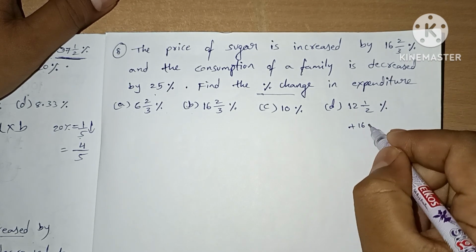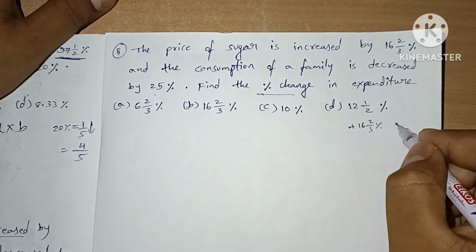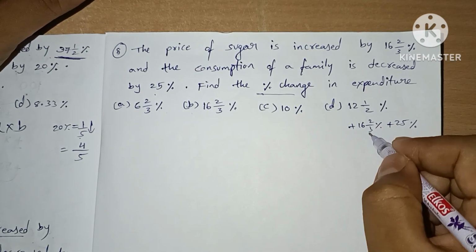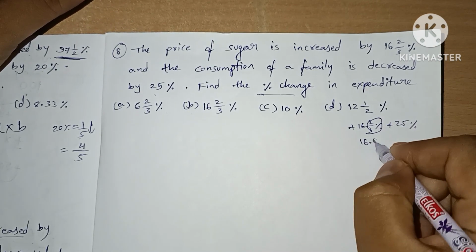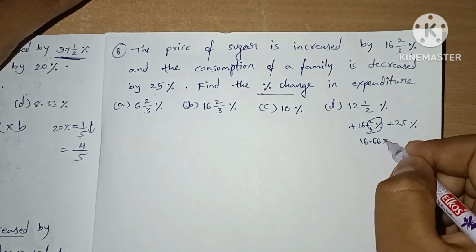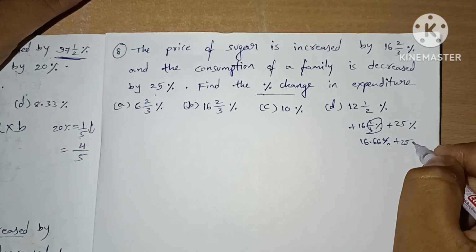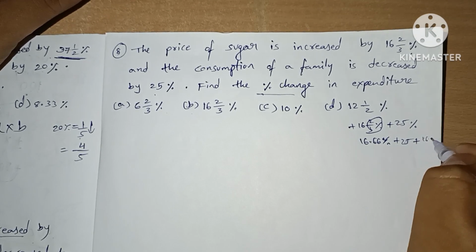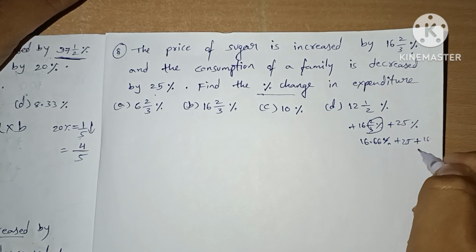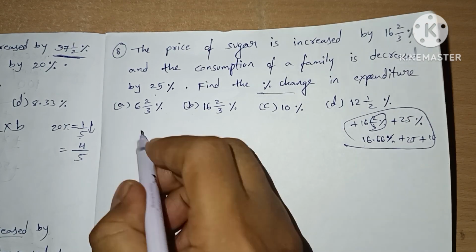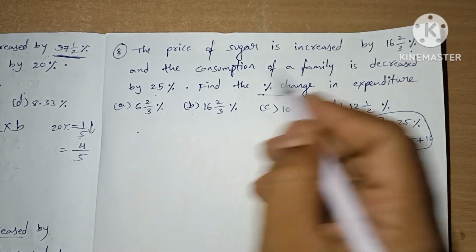Plus 16 2 by 3 percentage, plus 25 percentage. It seems very difficult when it is 16.66 percentage, plus 16.66 into 25 by 100. It is so difficult to solve like this. So we are going to do the basic traditional method.